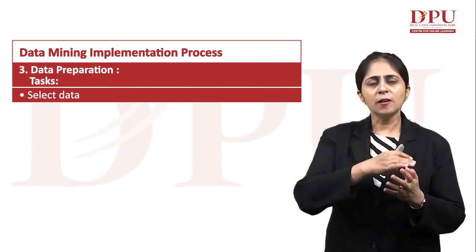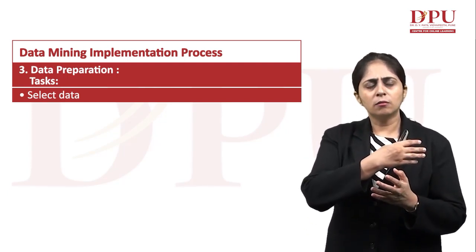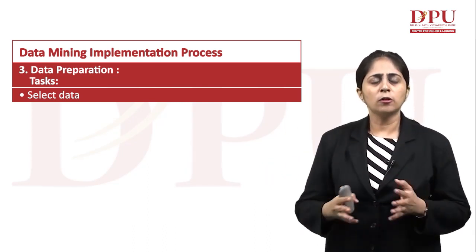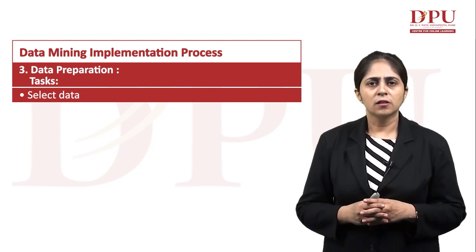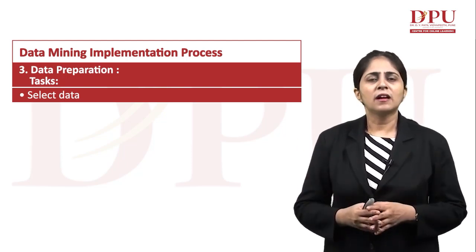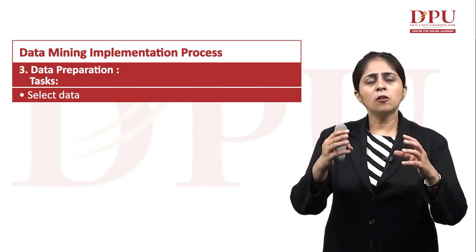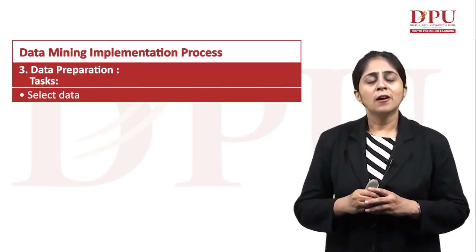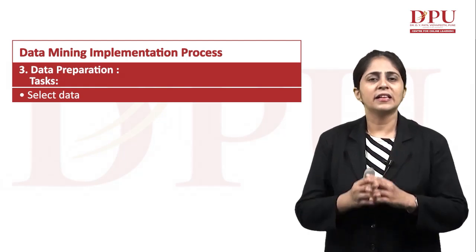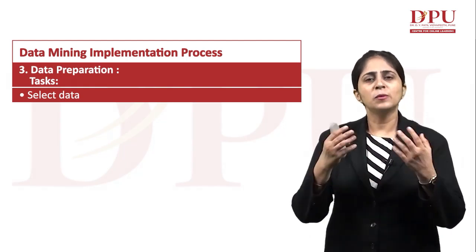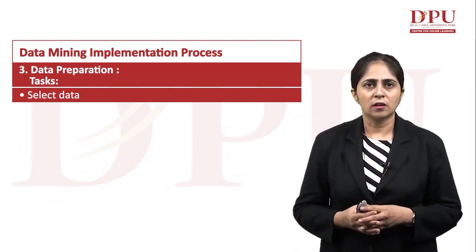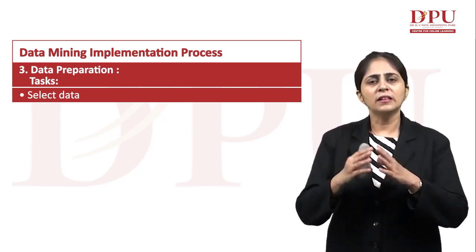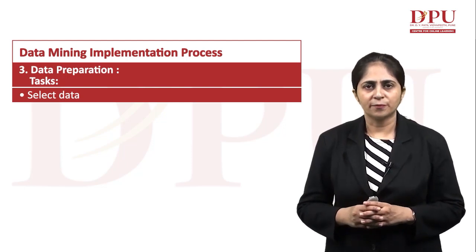If we talk about the internet nowadays, so much data is flowing all the time. So we cannot just take all the data and store it in our databases. We have to select the data out of which we can gain something important. So that selection of data is done in this process of data preparation.